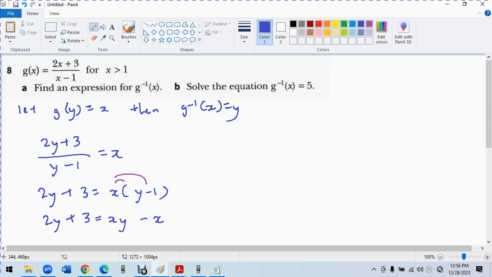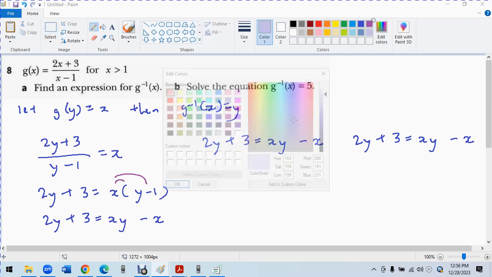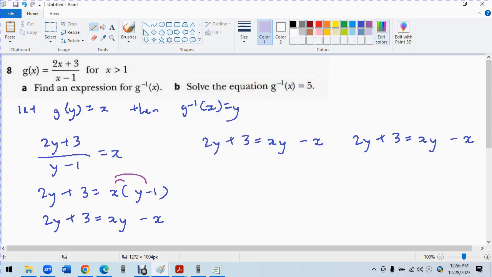Okay, so we want to move y to one side and then move x to the other side. So for this one, I will prefer to move the y to the right hand side here. Okay, some of the students will move y to the left hand side, but I don't do that.